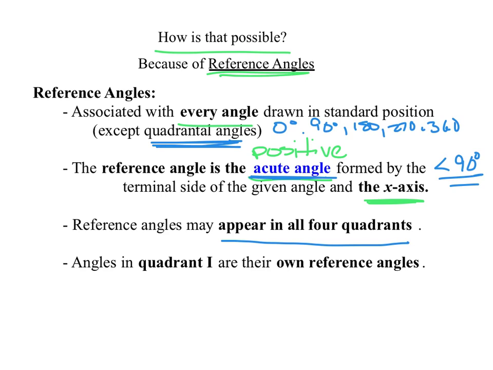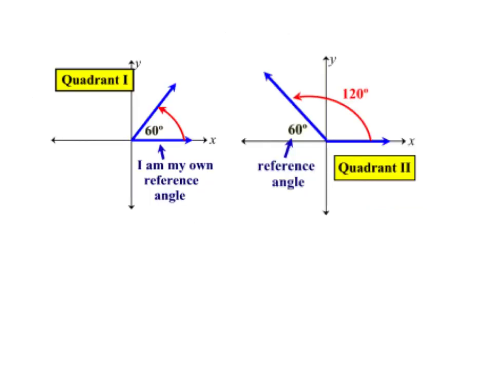Reference angles don't do that. They're special angles, and you actually draw each one in separate quadrants. And just as an FYI, quadrant 1 angles are their own reference angle. Remember that when you go back and read your notes, because I know you all do that all the time.